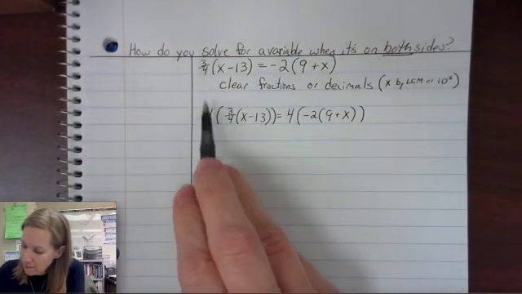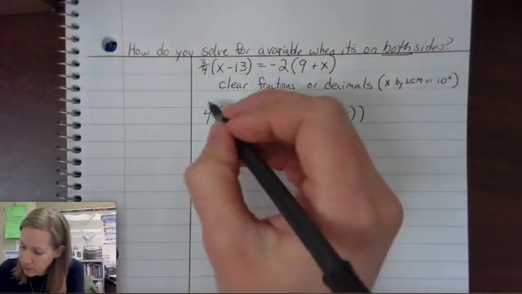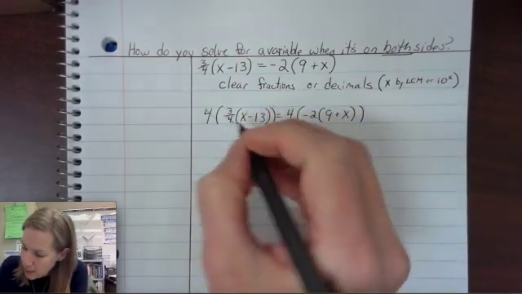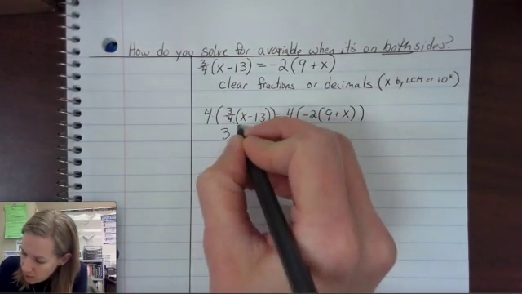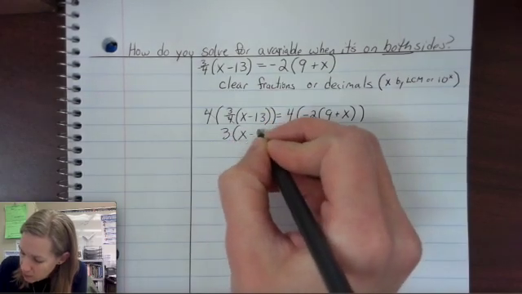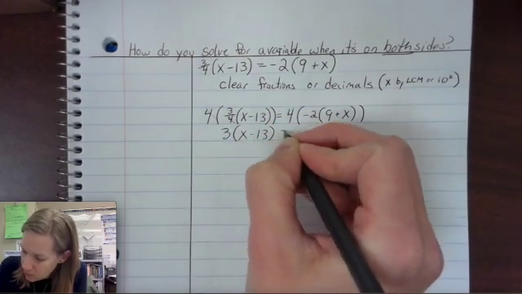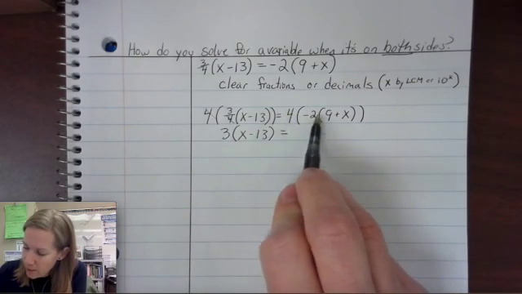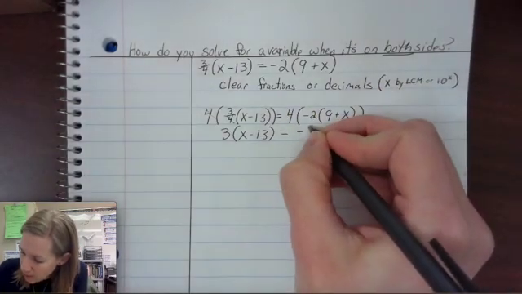So when I multiply 4 times this term, these 4's cancel out, and I'm just left with 3 times x minus 13. In this case, when I multiply 4 by this -2, I'm going to get -8.